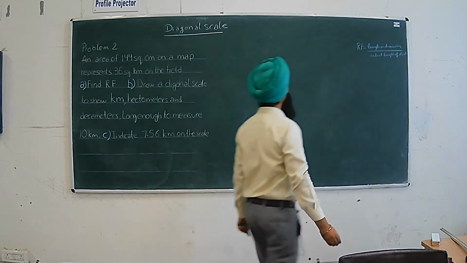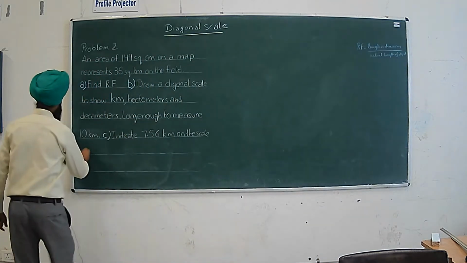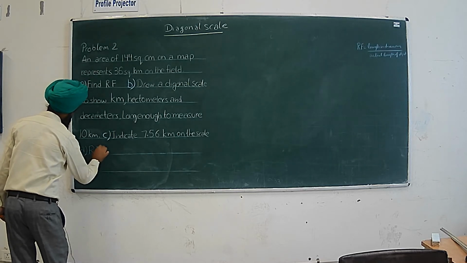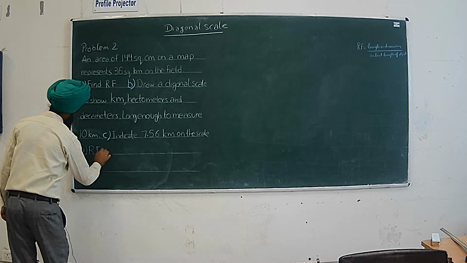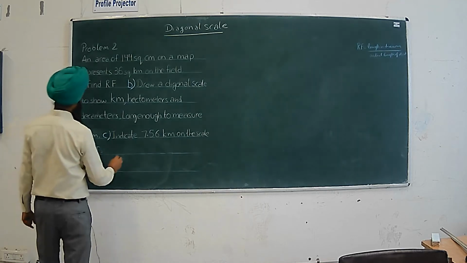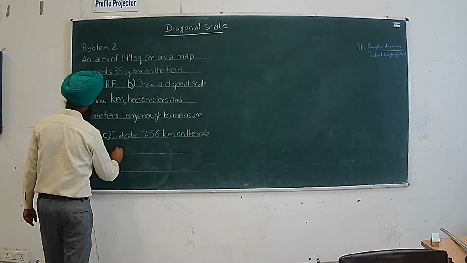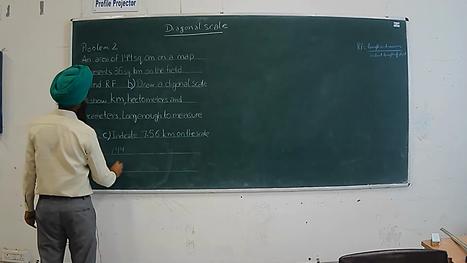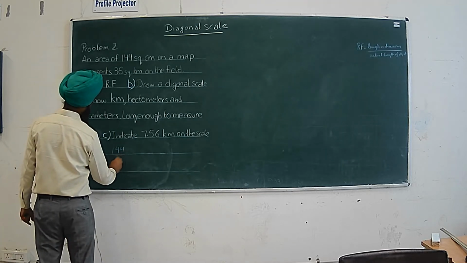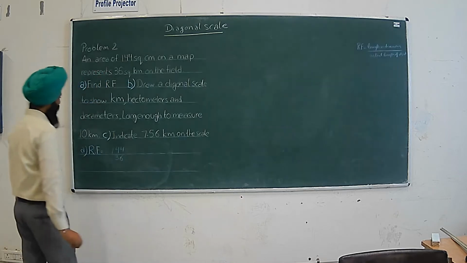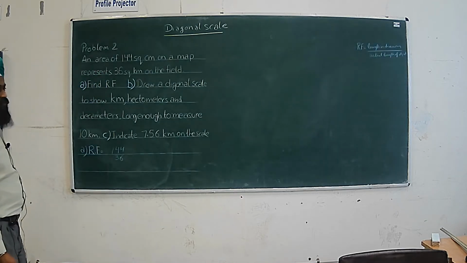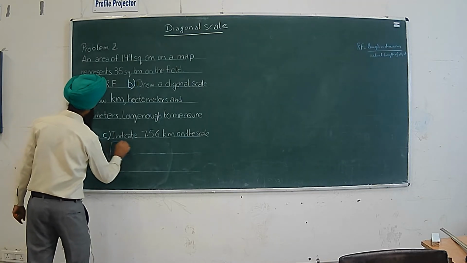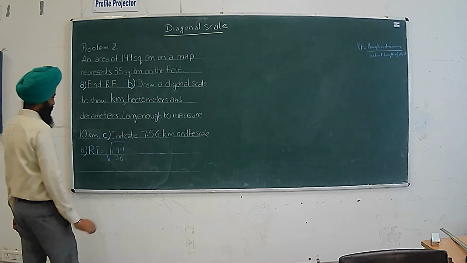Using this formula, we write RF is equal to 144 upon 36. Now this is given in terms of area, so we will square root this to get the length.